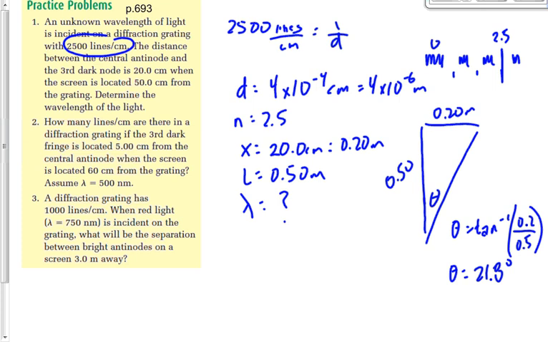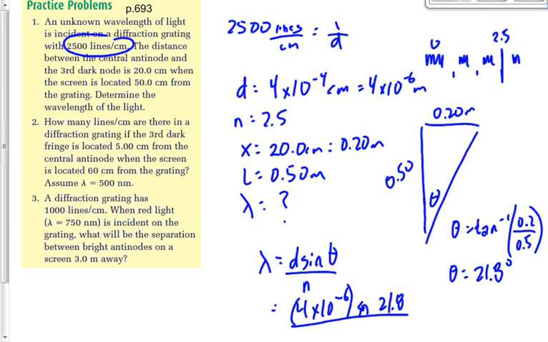Lambda is equal to d sine theta over n. 4 times 10 to the minus 6 times sine 21.8 over n of 2.5. What do we get for lambda there? Thank you. 5.94 times 10 to the minus 7 meters.